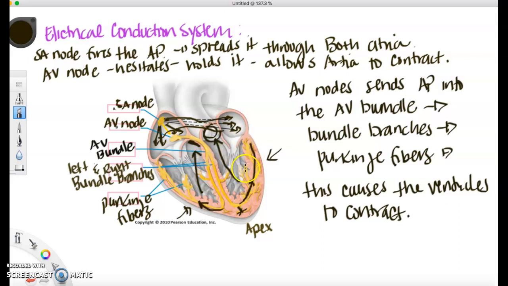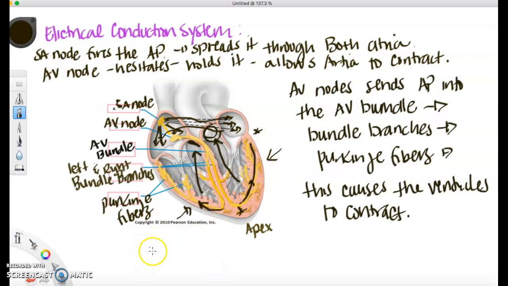If the action potential started up here, then when the heart pumped, it would be like pushing the blood into itself, down to the bottom of the heart. So this way, it literally pumps up to those semilunar valves of the pulmonary trunk and the aorta.